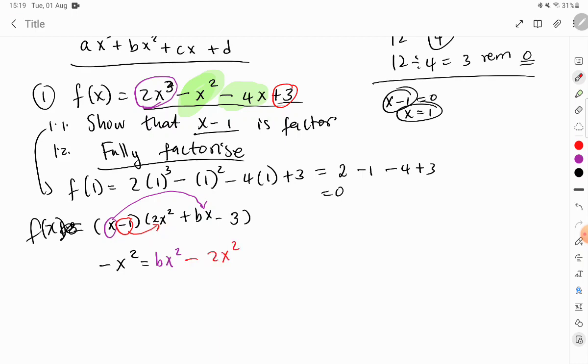So you can see that all of these terms have x squared, right? You can divide by x squared and drop x squared. So we drop this x squared, drop that x squared. This is minus 1 is equal to b minus 2. But this is not just minus 1, so it's minus 1 equals b minus 2, take 2 to the other side, it becomes positive, then b is equal to 1.